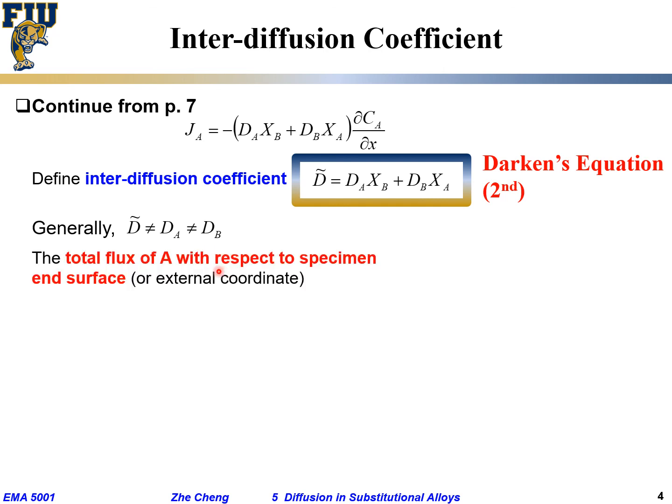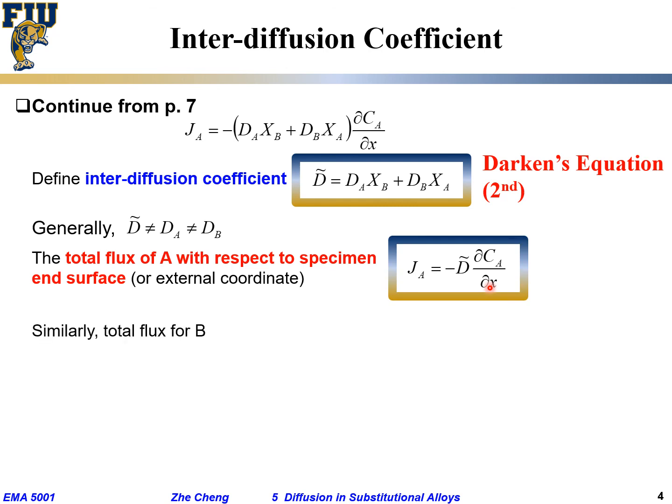And then the total flux of A with respect to the specimen's external coordinate or end surface, looking outside, not in the bus, looking outside, standing on the ground. The total flux of A would be J_A equals minus D tilde times the concentration gradient. And this equation we also call Darken's equation. Similarly, we can get the same derivation for J_B.